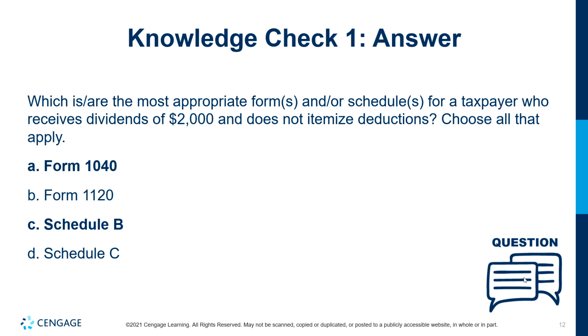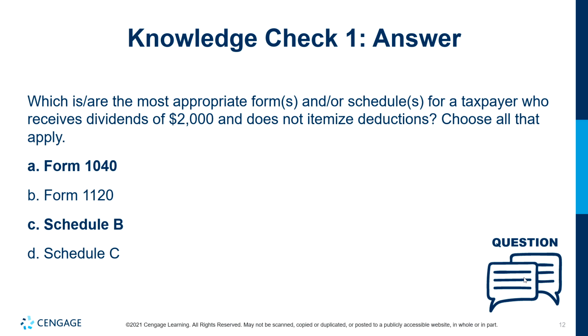Alright, so to answer the knowledge check, the appropriate forms for a taxpayer who receives dividends of $2,000 and does not itemize deductions: you should choose Form 1040. That's the individual tax return.